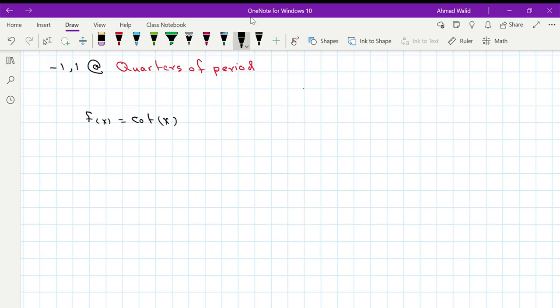Again, if I draw here my coordinate system, I'll mark here, for example, pi over 4. Next one, of course, pi over 2. Next one will be, of course, 3 pi over 4. And next one will be what? Pi.